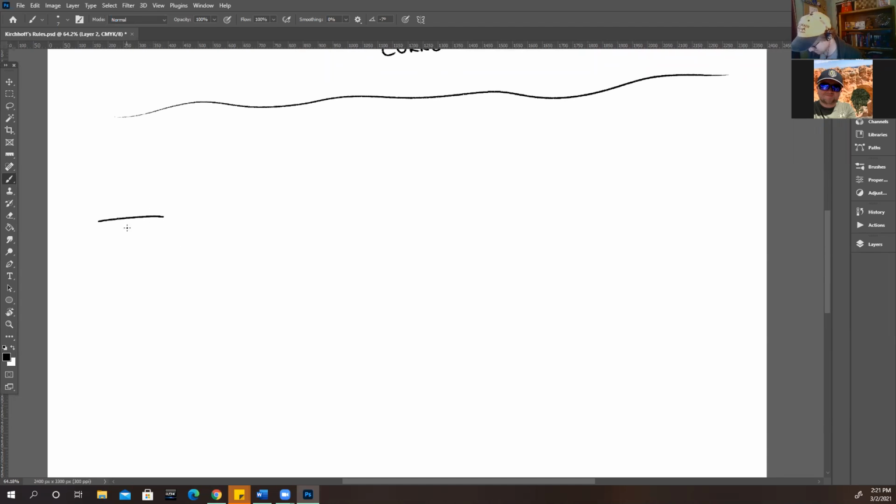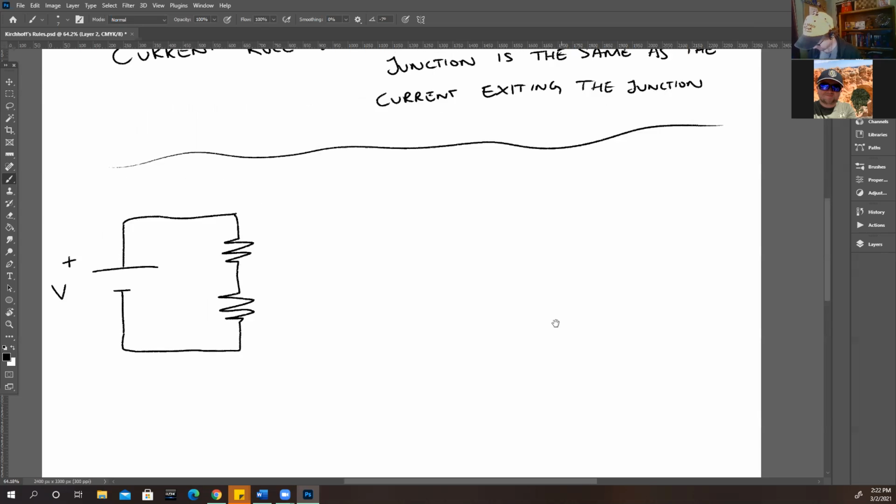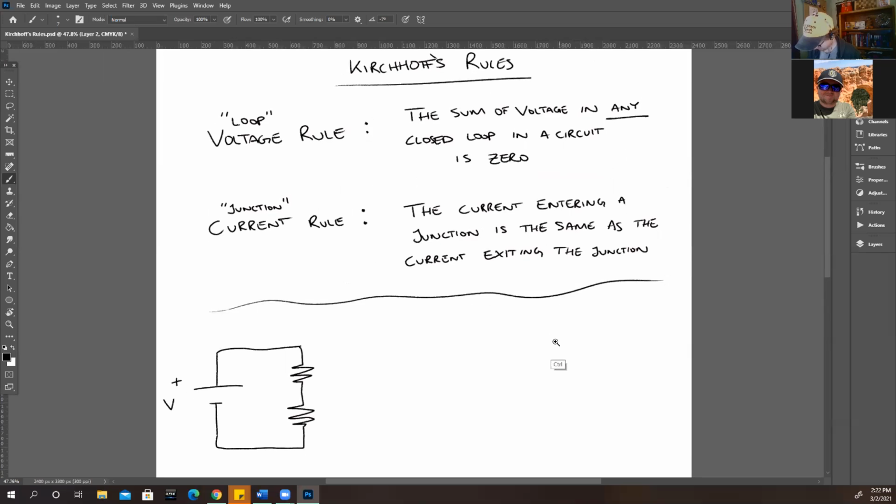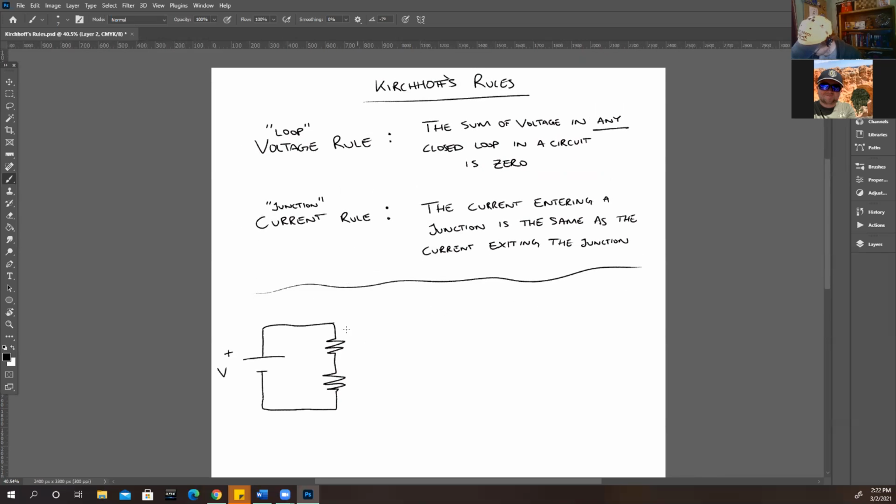So we have a series circuit. We have a battery, and let's say it had 2 resistors, like that. This one is R1, this one is R2.